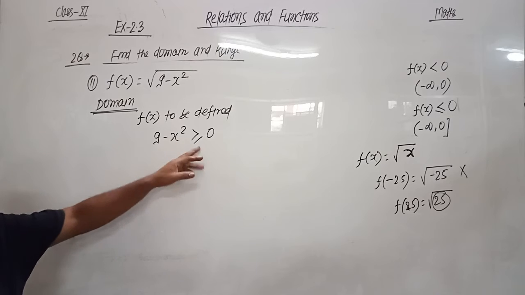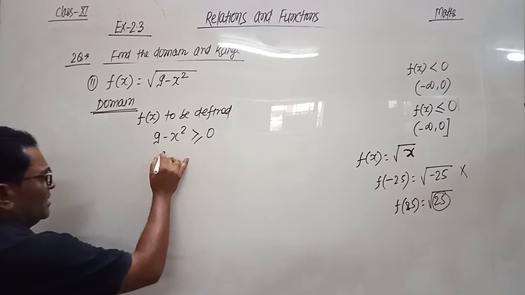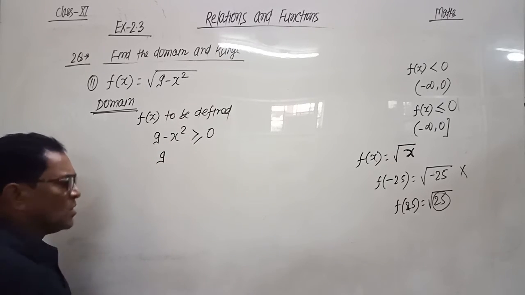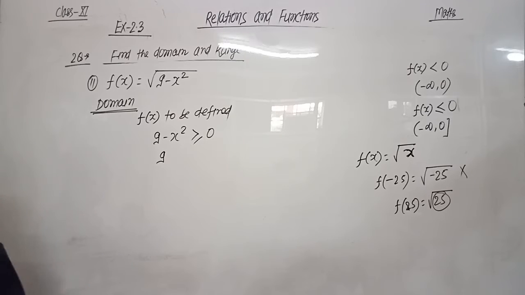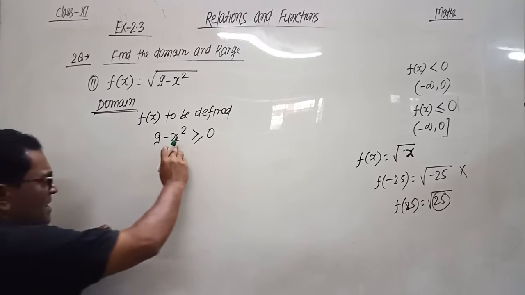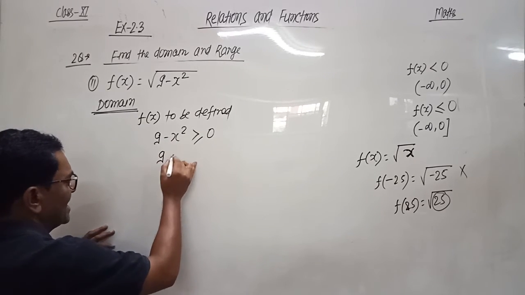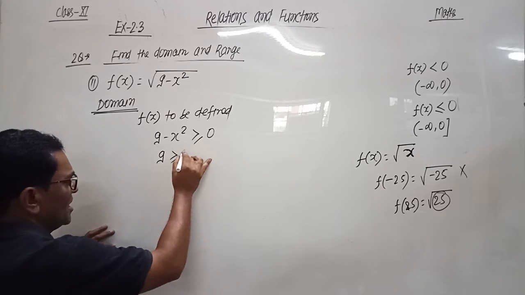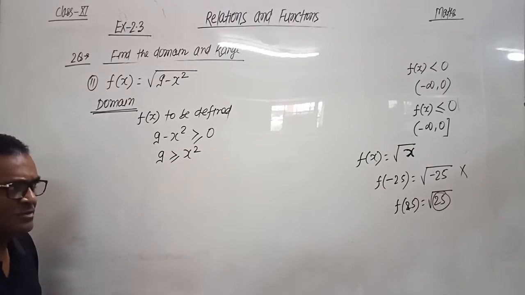Now we solve this inequality. Minus x square will go on the right side, so it becomes 9 is greater than or equal to x square.